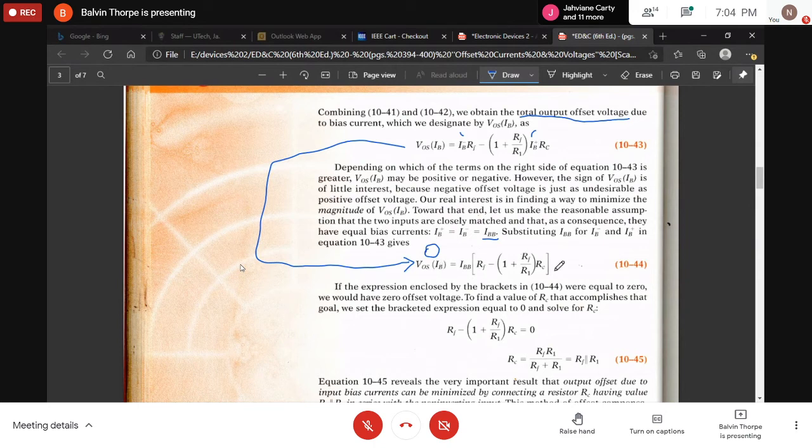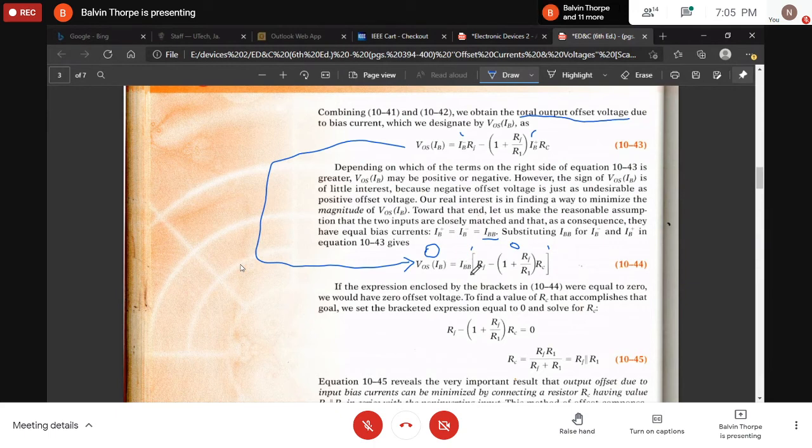What do we do in this expression to make it zero? IB equals 0, sir? Okay, we can do two things. We can see if the expression enclosed by the bracket in equation 1044 can be made equal to 0. If we make everything in the bracket equal to 0, then this becomes 0.